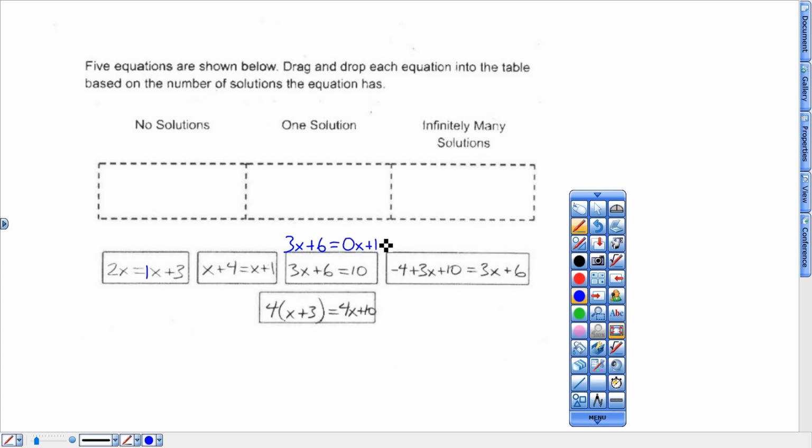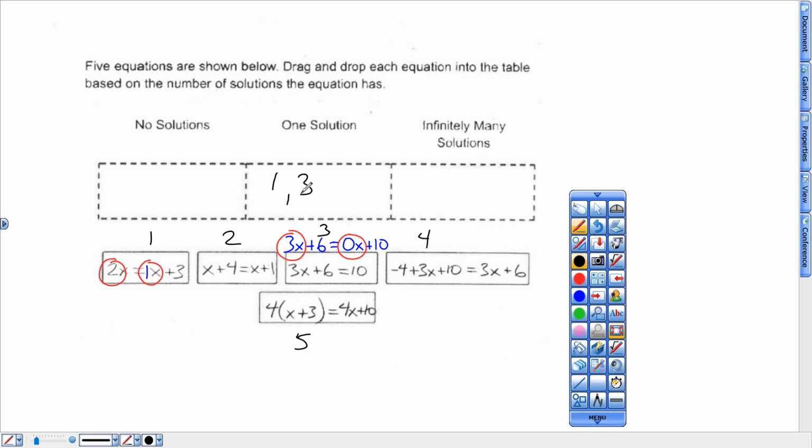Any problem with different number of x's, as soon as I see on both sides of my equation that the number of x's are different, that makes that an instant one solution. So if I number this the way I've been numbering it, 1, 2, 3, 4, and then this bottom one 5, 1 and 3 for this combo is the one solution set.